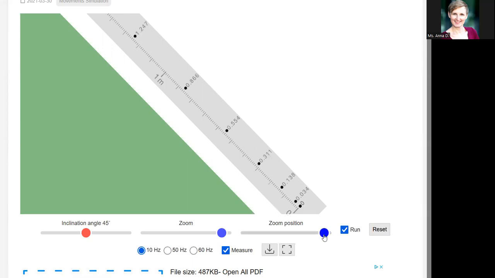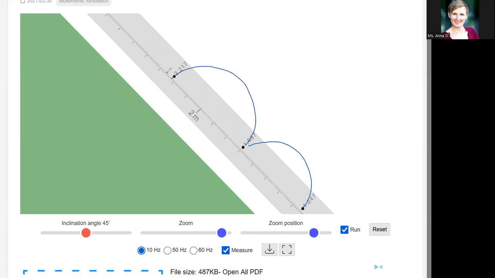Then I move this a little bit. This was 5, 6, 7. This was 7. This is 8, 9, 10.